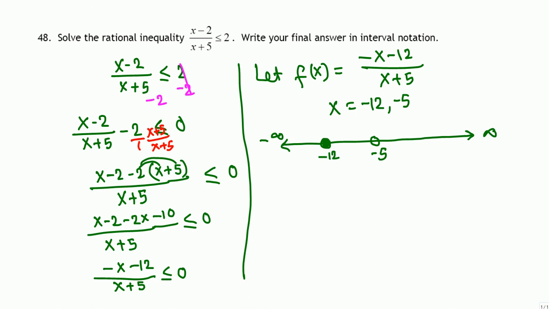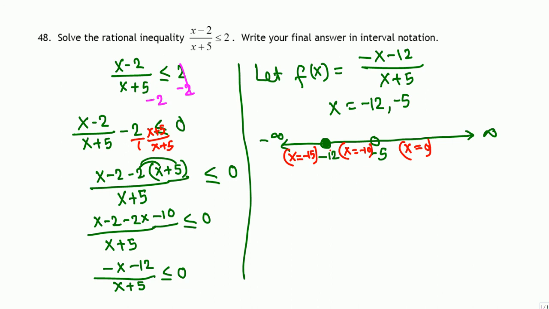Now we pick a representative from each interval, plug it in here, and write down whether we get positive or negative. Pick any number: maybe −15, maybe −10, maybe 0.